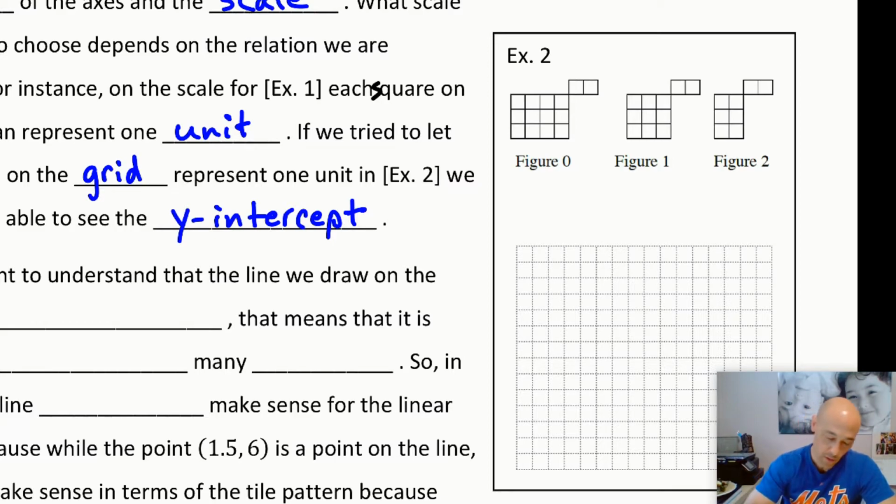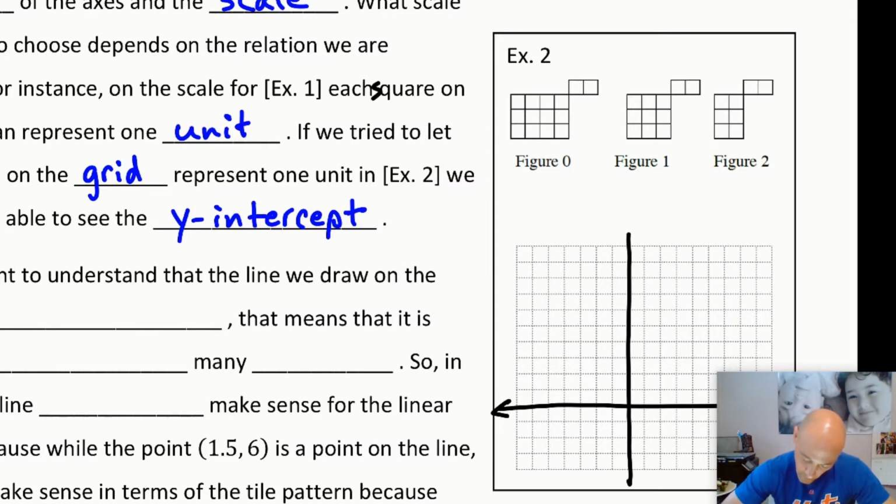So what I'm going to do here is make my x-axis down here again, and make sure to label it. And I put the label for the y-axis down here. It doesn't matter really where it goes. But this time I'm going to make each of the squares on my grid on the y-axis worth 2.